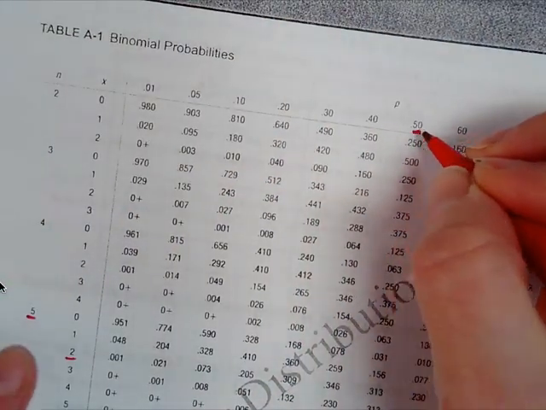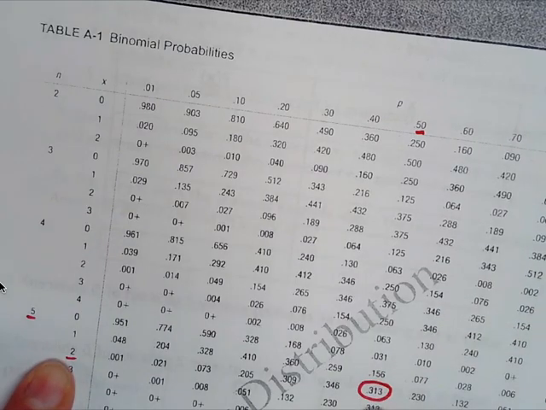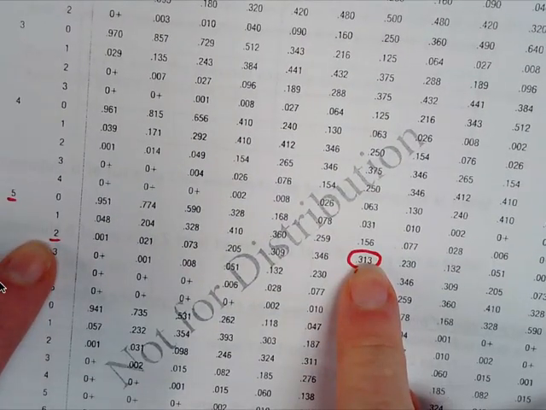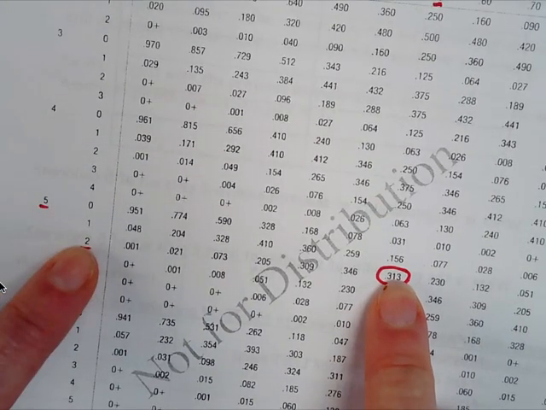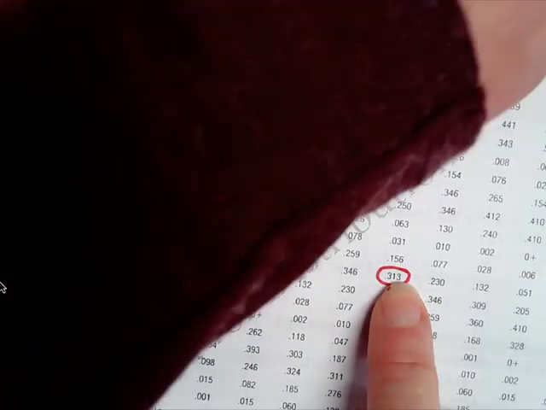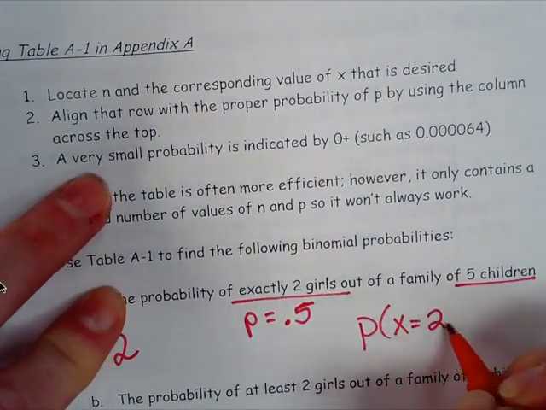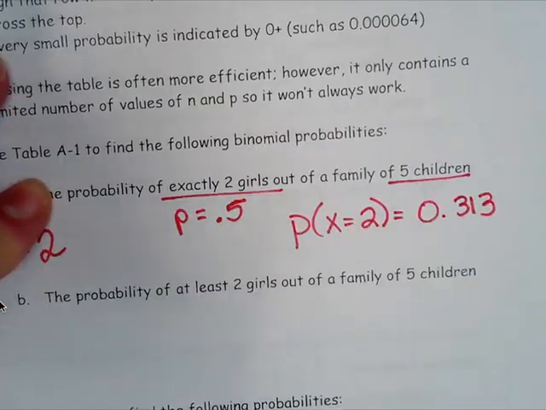So we look here, and then we match them up. 0.313. So you first start with your n, then you go to what you want, which is your x, then the probability of success, 0.313. So the probability of getting x being exactly 2 girls, 0.313.